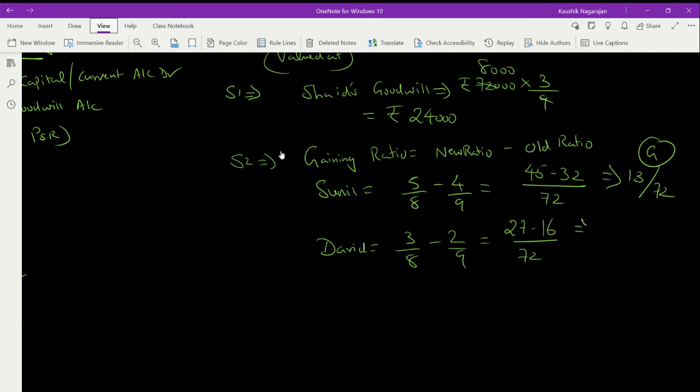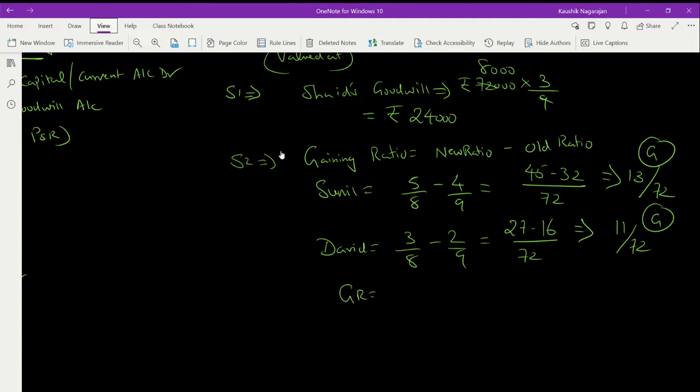So you get 11 by 72. This is also a gain. Now, the amount 24,000 we derived will be shared by these two partners in the ratio of 13 is to 11.